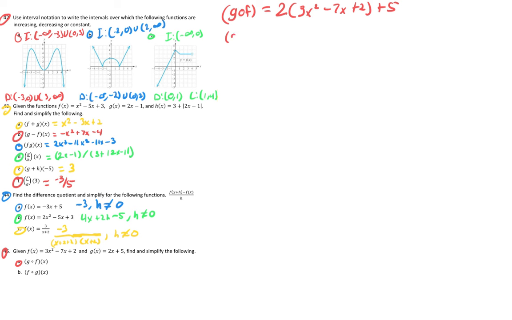All right. Now I can distribute and simplify. So the simplest form is 6x squared minus 14x plus 9.